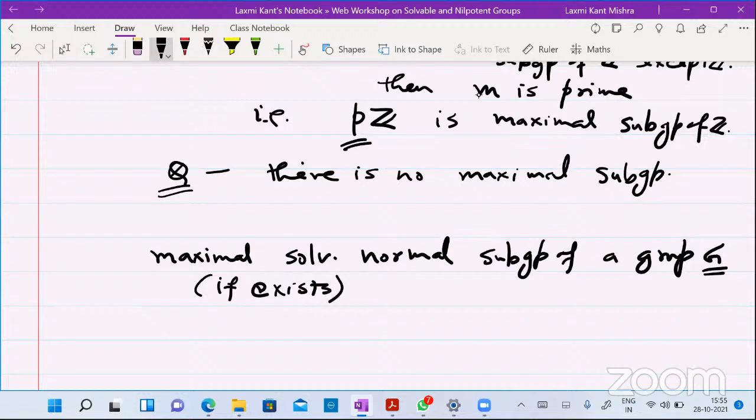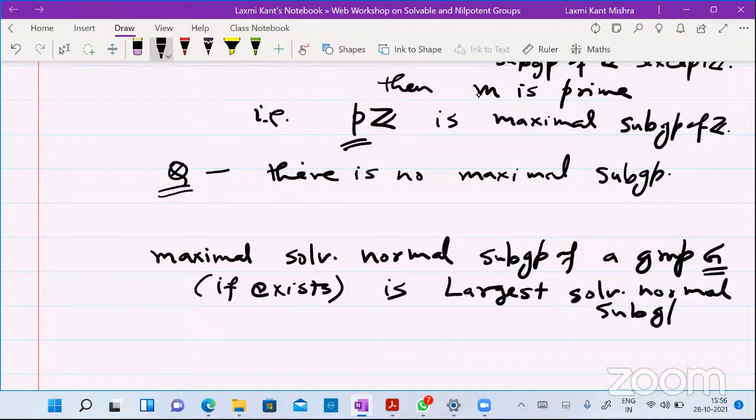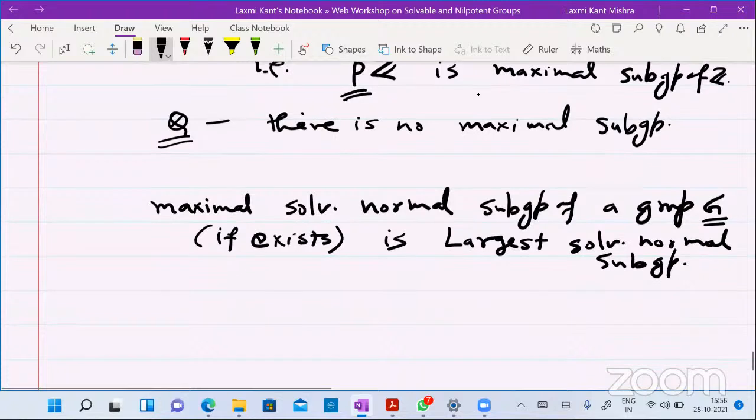If it exists, then this is the largest solvable normal subgroup. You know what largest means.